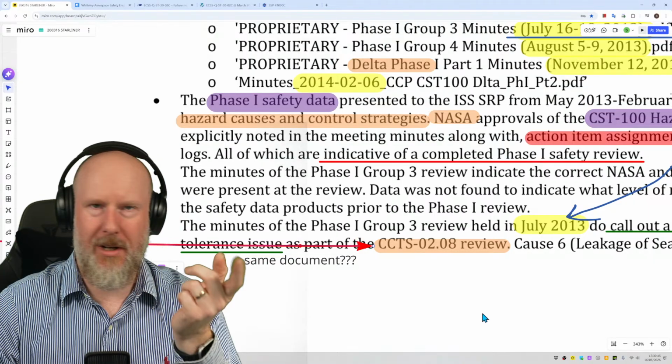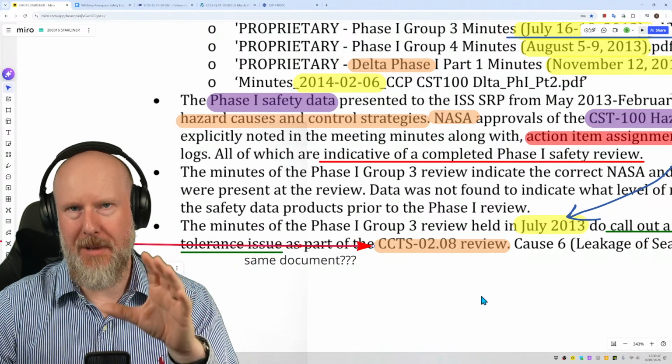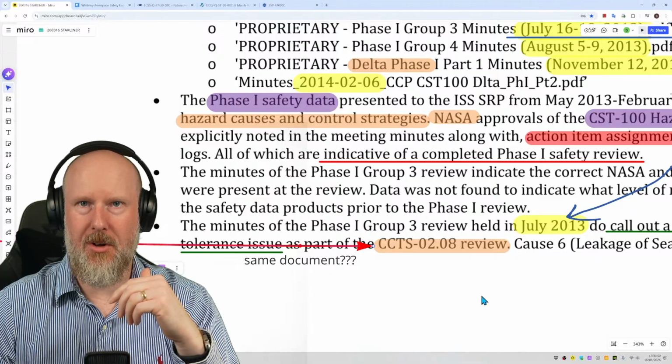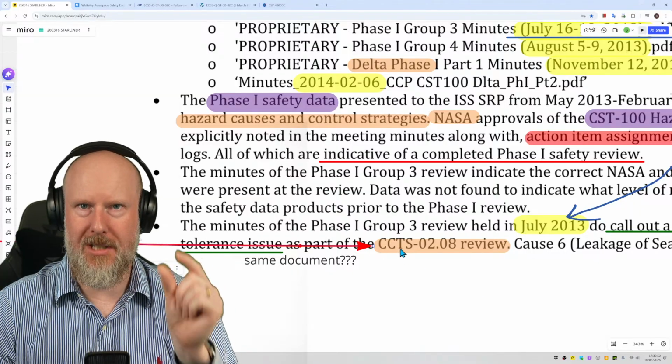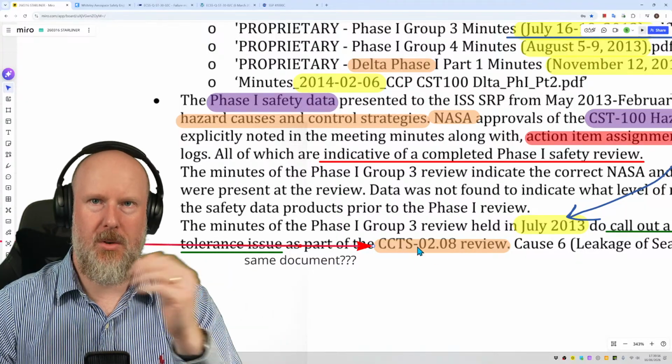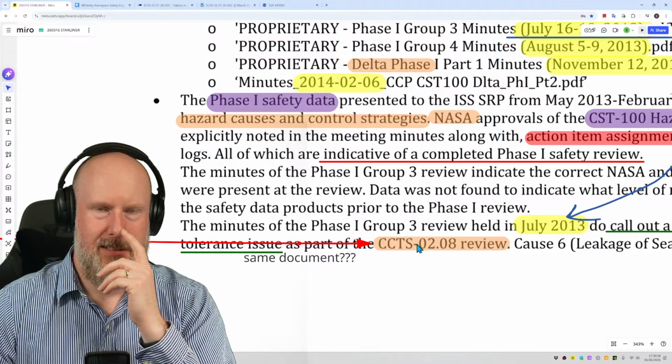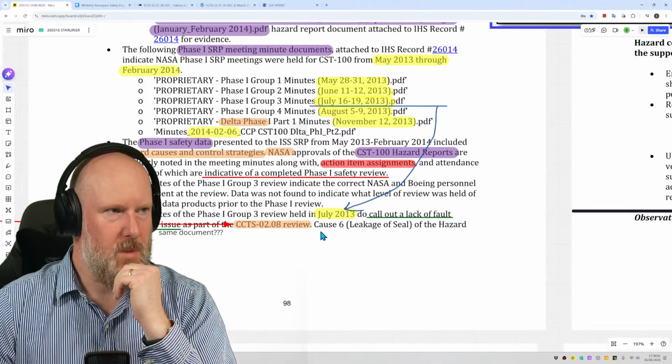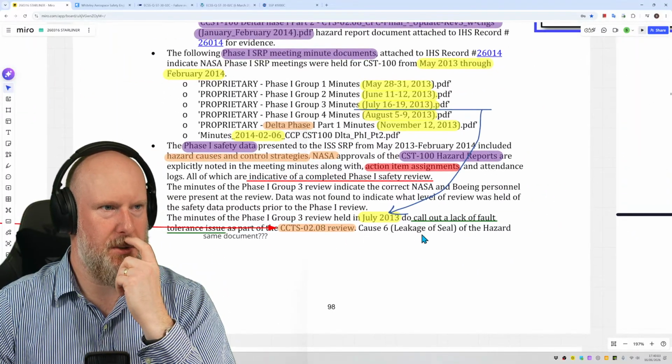Again, this is why I recommend having an appendix with a list of reference documents, so you can just have a small short reference in the body and reuse it throughout the report. So it's clear we're talking about the same thing. Cause 6, leakage of seal of the hazard.